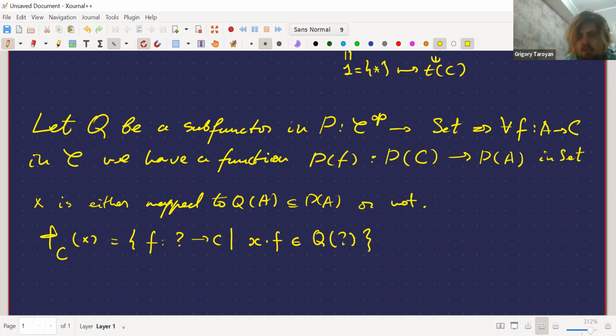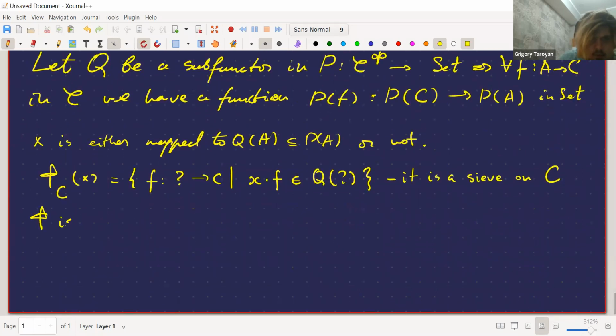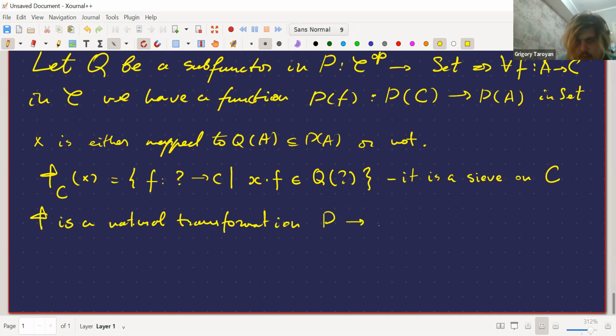Then what we have defined here is a sieve on C, and phi is a natural transformation from P to omega, because it takes an object and creates a sieve based on it, mapping each element to this distinguished sieve that we obtained from knowing the subfunctor Q.